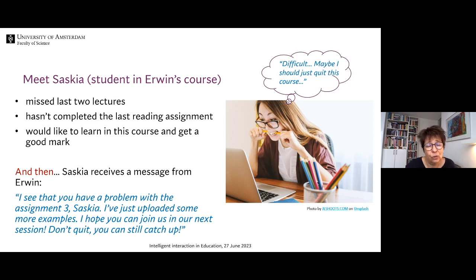She missed the last two lectures, and she couldn't complete the last reading assignment. And actually, she would like to get good marks, but it is so difficult. And then Saskia receives a message from Ervin, and Ervin helped her with some more examples. Yeah, this really happens.